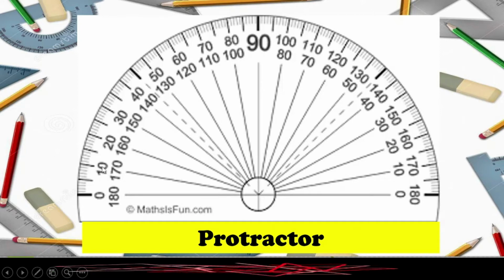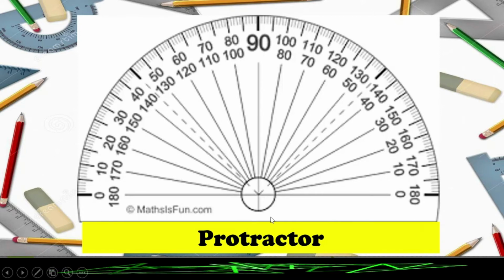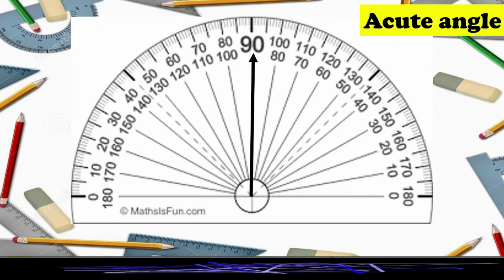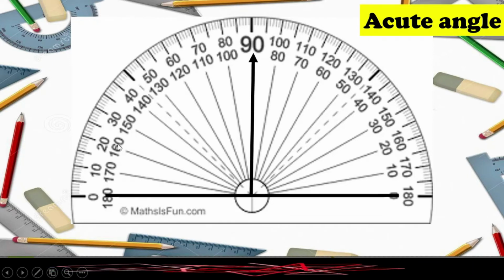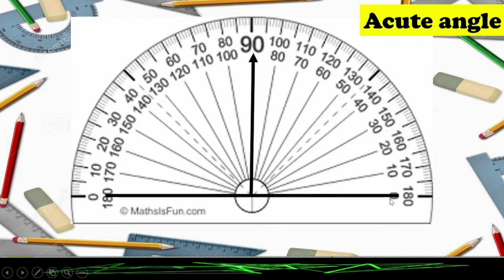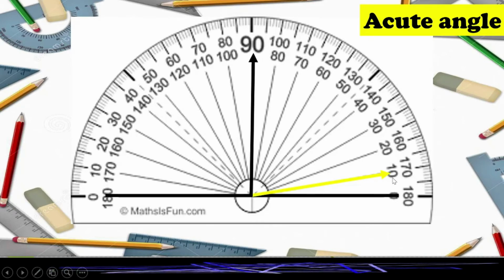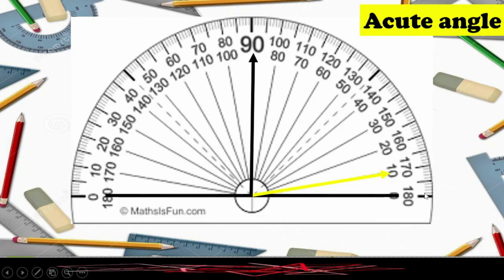Okay, so this is the protractor na kadalasan ginagamit natin to measure the angles. Okay, so let us have an acute angle. This is the main point, the 0. So, let's say we have 10 degree, that is acute angle.